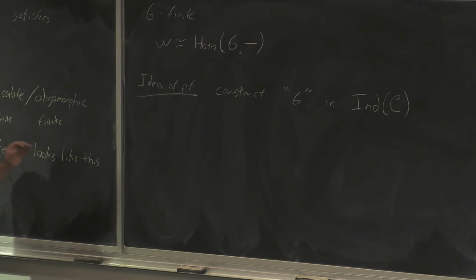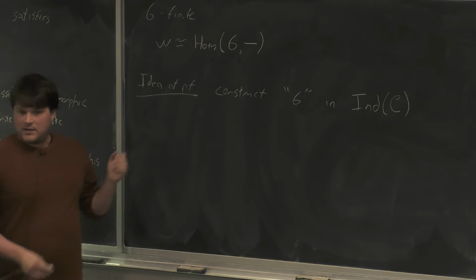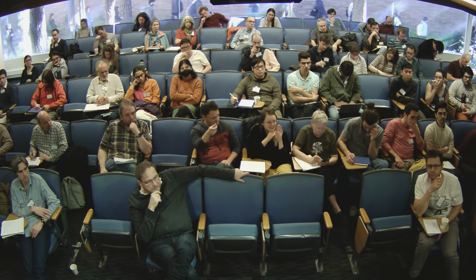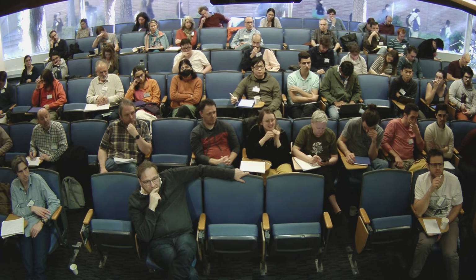This may be a little bit of an oversimplification, but that's the idea. So even if your group is profinite, it's still ind? Yeah, even if it's profinite, we're okay.